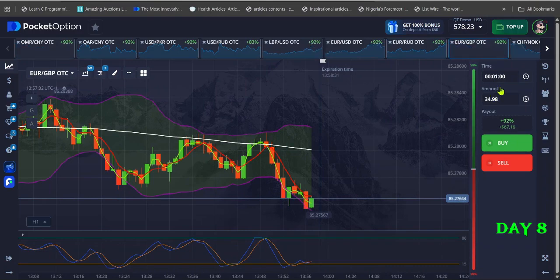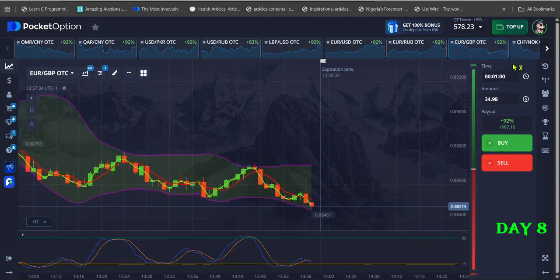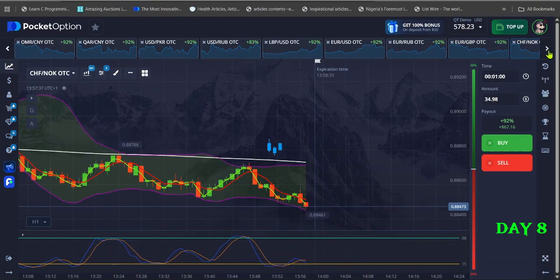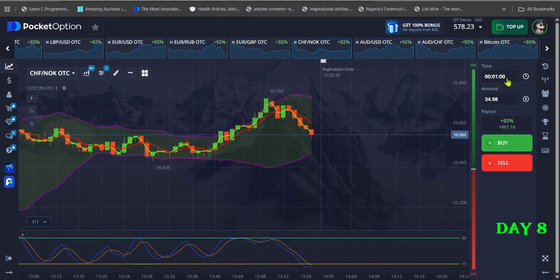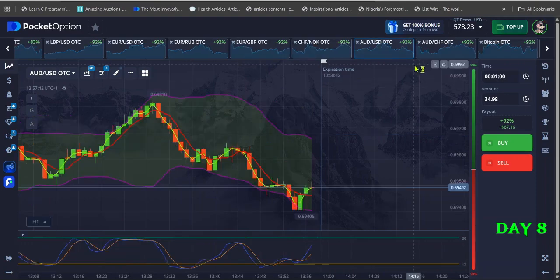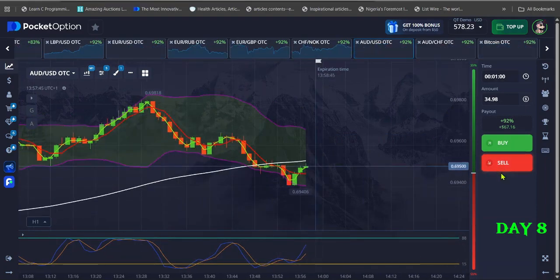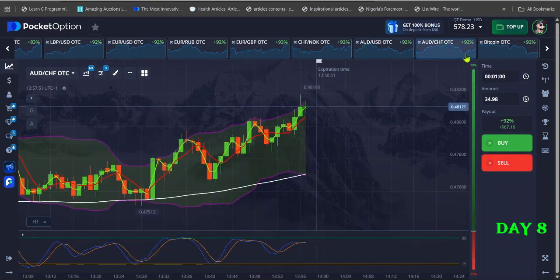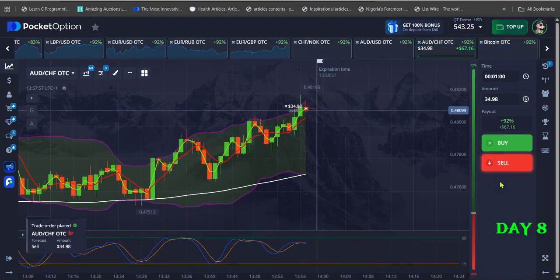Let's find the asset to trade and see if we can get a win. This looks good, but let's see. This looks good to take a sell.